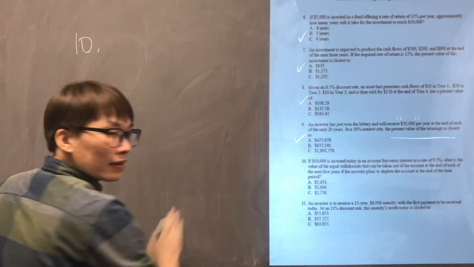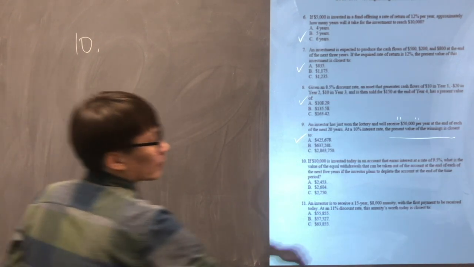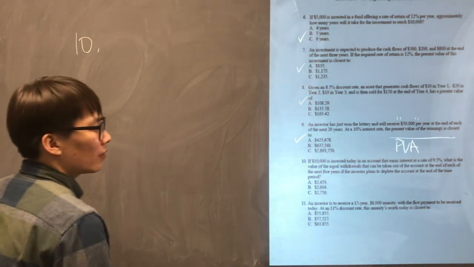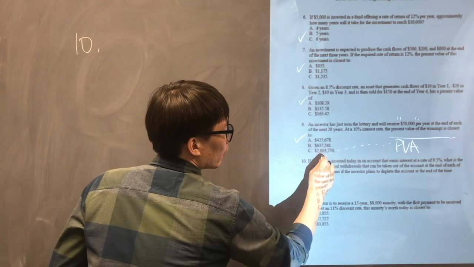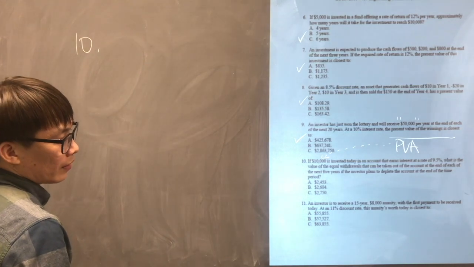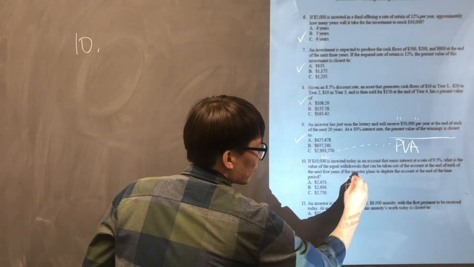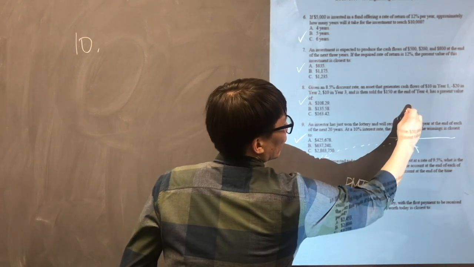Question number 10. 10 and 9 are the same. Okay? We need to figure out what? Here we already know our PV. However, we don't know the payment. In question 9, we already knew the payment.